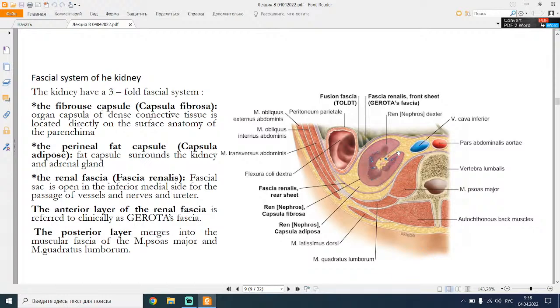The capsule of dense connective tissue is located directly on the surface of the parenchyma. Next, the perirenal fat capsule.